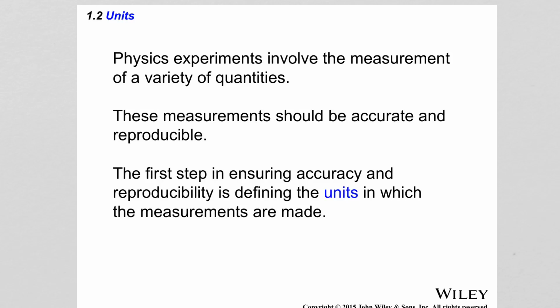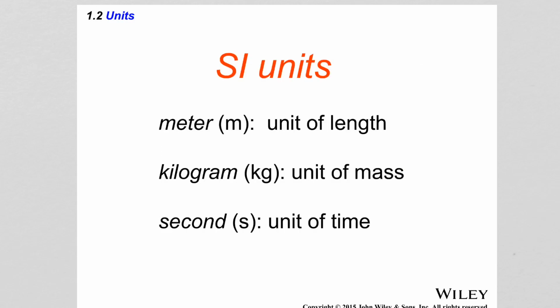And so the first step in ensuring accuracy and reproducibility is defining the units in which the measurements are made. And so historically there have been many different measurement systems in use, mainly based on geographical location, but over time two main measurement systems have survived, and those are the metric system and the imperial system.